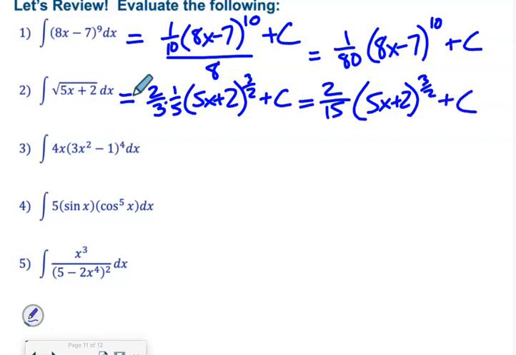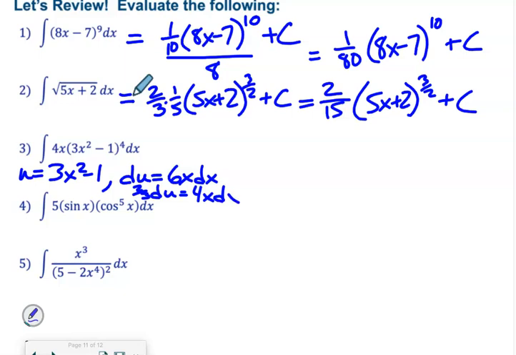All right, this guy I've got to do a full u sub. U is 3x squared minus 1. Du is 6x dx. I want to get a 4, so I'm going to multiply each side by 2/3. So 2/3 of du is 4x dx.